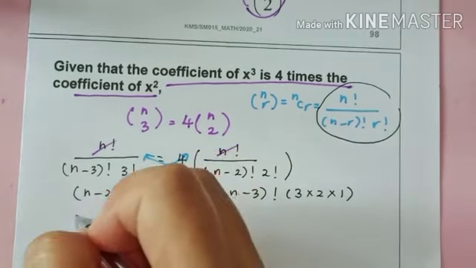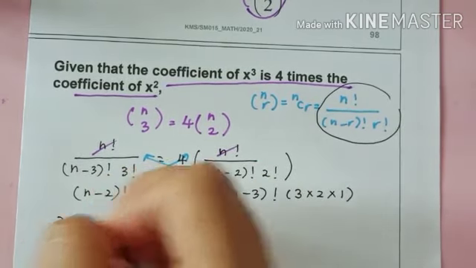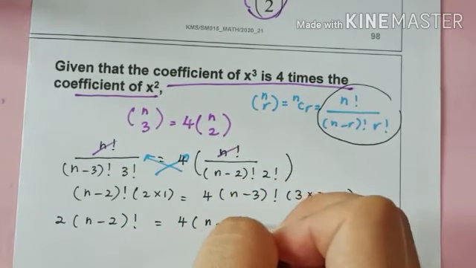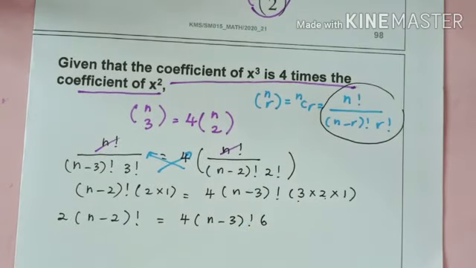After that you can simplify. (n minus 2) factorial times 2 is equal to 4 times (n minus 3) factorial times 3 times 2, then you get 6.